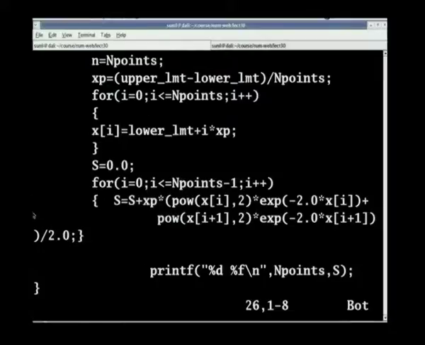You can see that I divide that by 2. So I have dx multiplied by the function value at xi, plus the function value at xi plus 1. So the two function values, one is at xi, another is at xi plus 1.